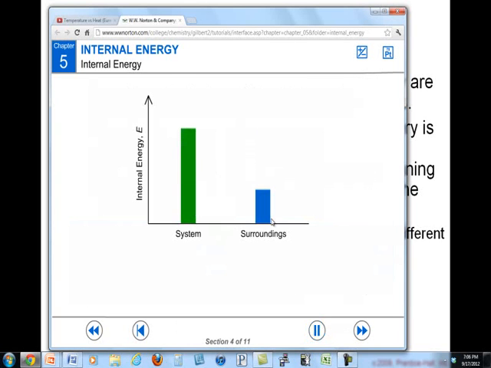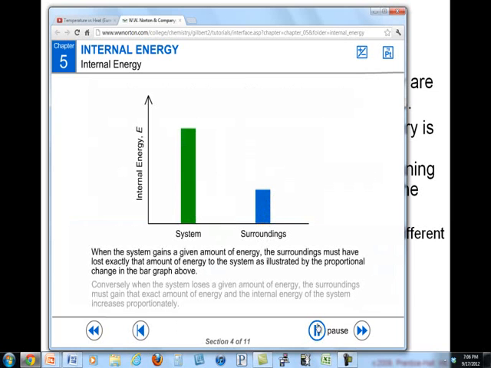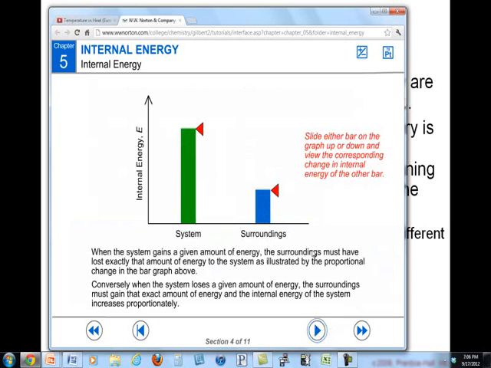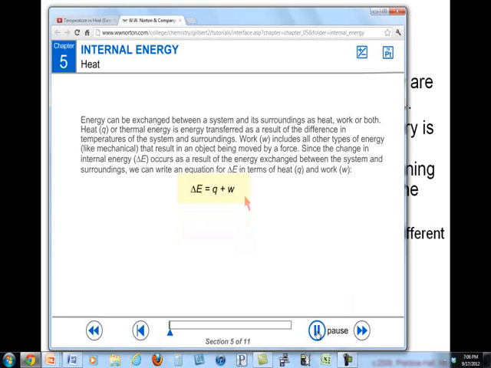So if I have a system and surroundings, as one goes up, the other goes down. They are inversely proportional. So if I increase the temperature of the surroundings, I decrease the temperature of the system, and on and on. So we know that delta E, change in internal energy, is Q plus W, heat plus work.